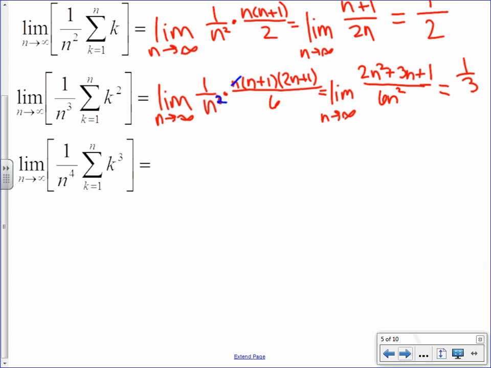You think this is what? Okay. So we have the limit as n approaches infinity of 1 over n to the 4th times our k cubed sum, which is n times n plus 1 divided by 2, squared.